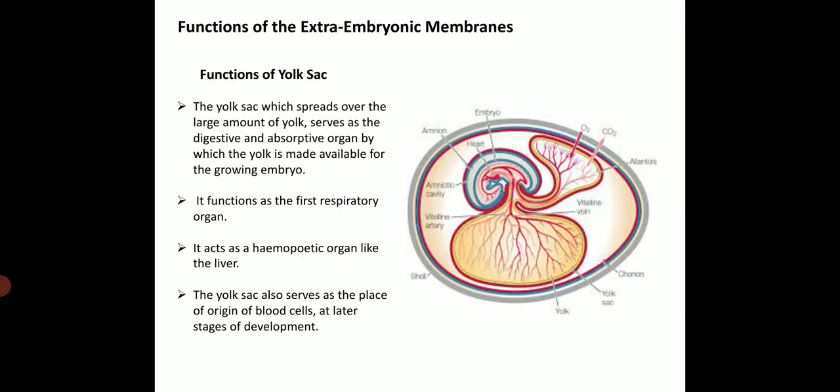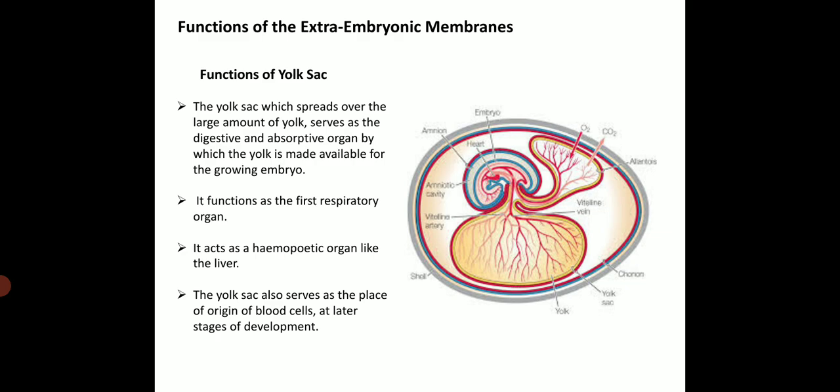Looking forward, that is the function of the extra-embryonic membranes. The extra-embryonic membranes take care of and maintain the embryo. For each individual function, there are different fetal membranes which help the embryo.